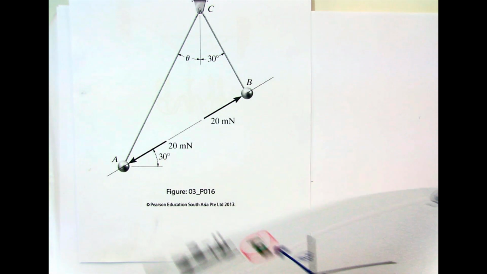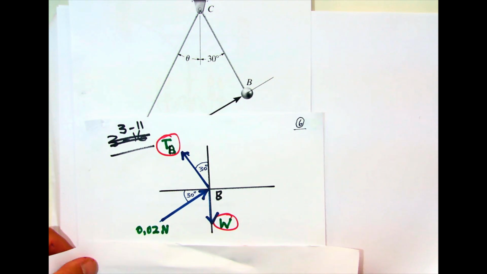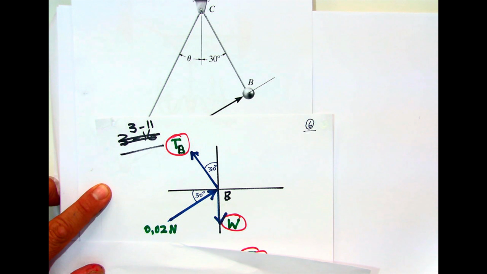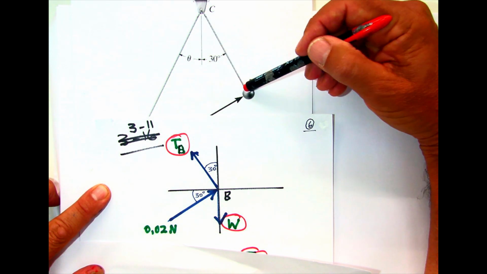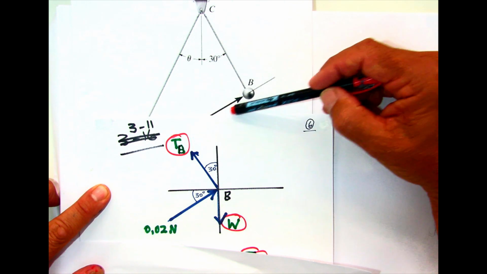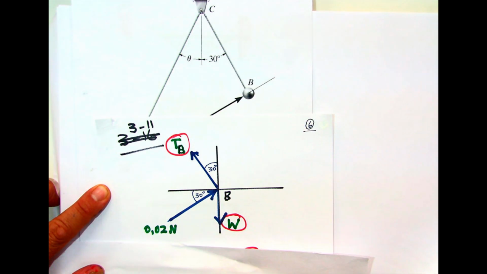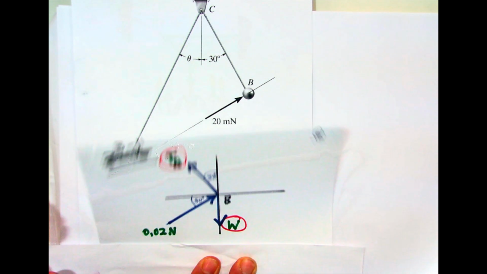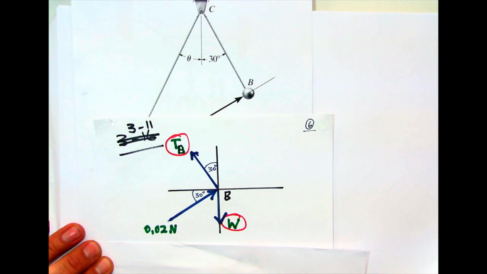So it's going to be something like this. Tension force, you have that angle there with the vertical. You have this force here, 0.02 Newton, 20 millinewton, and you have this weight.